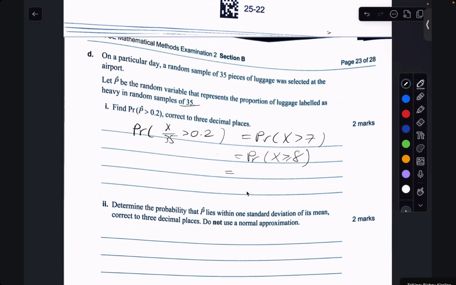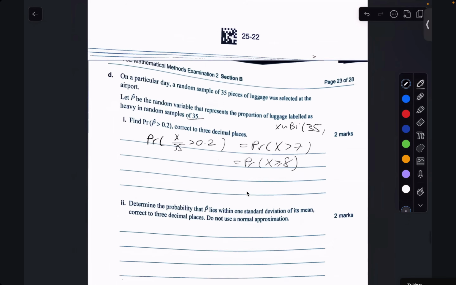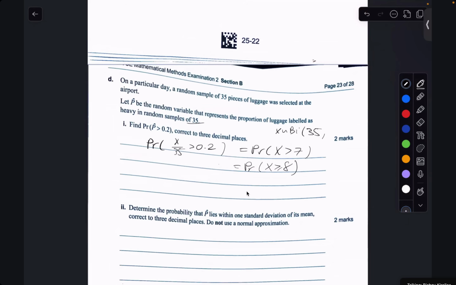Right? And what's our binomial distribution? So x is binomially distributed. The number of trials is 35, and the probability of success is... a random sample of 35 was selected at the airport. Proportion of luggage labeled as heavy.